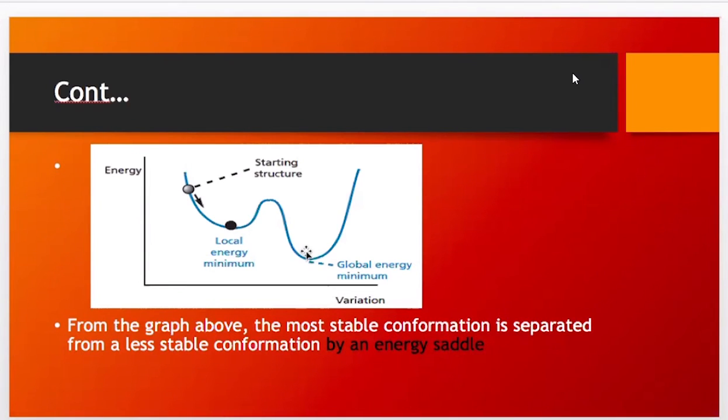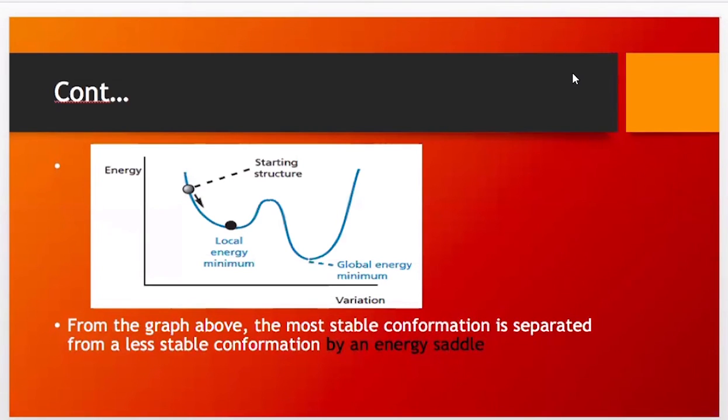So you're not going to have the most stable conformation, the one you can get at this position, but rather a less stable conformation of your compound at that state. So that's how energy minimization is coming in.